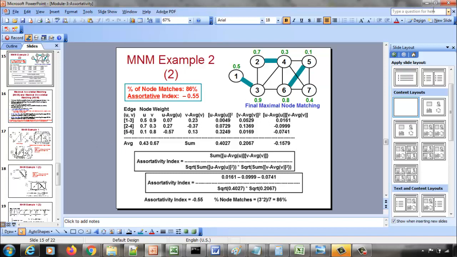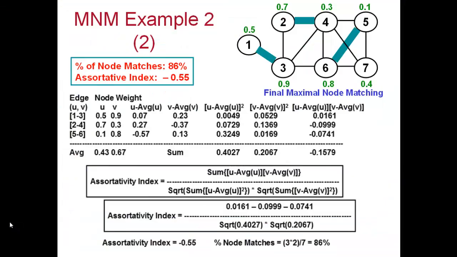Still the same thing. Updated it somewhere else. Alright, so let us go with just this negative 0.57, and it should not be much different if it's negative 0.33. So v minus average of v is 0.9 minus 0.67, that is 0.23. 0.3 minus 0.67 is negative 0.37, and 0.8 minus 0.67 is 0.13.